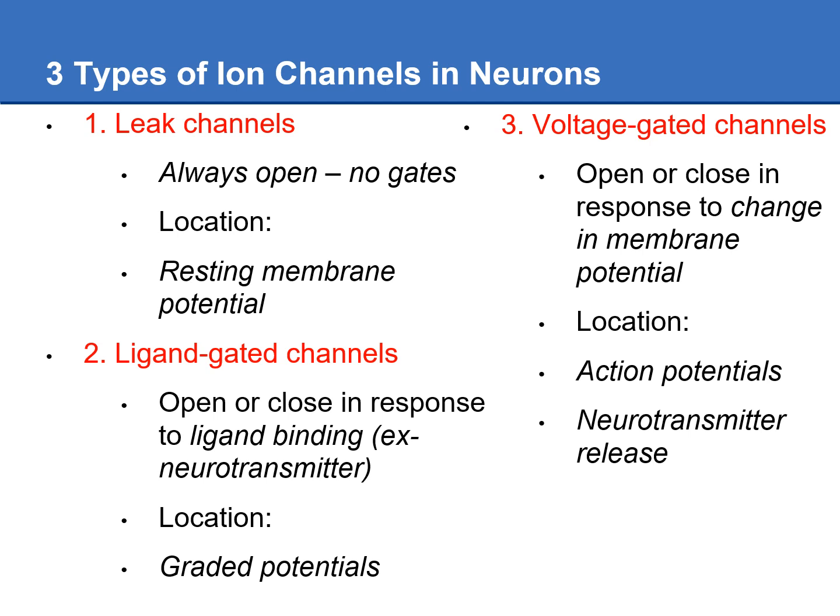And the last type of ion channel that we find on neurons are voltage-gated ion channels. These are going to be opening and closing their gates in response to a change in the membrane potential. Usually when the membrane potential becomes more positive, that's going to trigger the gate to open. So we have a couple of different types of voltage-gated channels.